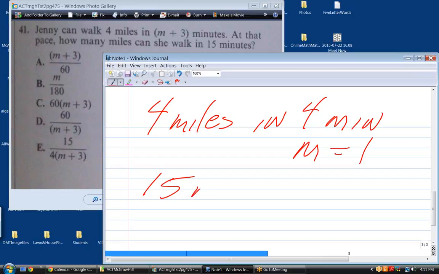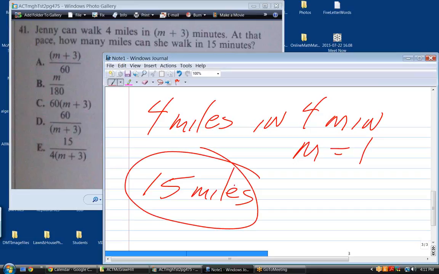Okay, so I have to find an answer out of these 5 answers that's equal to 15 when m is 1. Well, which answer is that? Plug in m equals 1 until you get 15 as an answer. It would be D. Yeah.